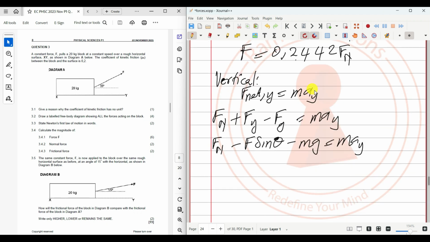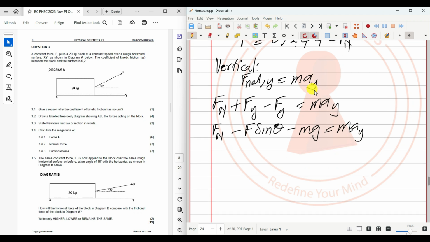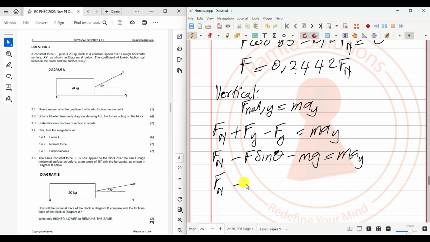So let's substitute now. What is F sub n? We do not know. I'm going to leave it like this. What is F? They said wherever we see F, we must put 0.2442 F sub n sine 35 degrees minus 20 times 9.8 equals 20 times 0.